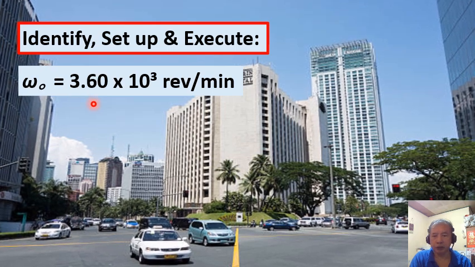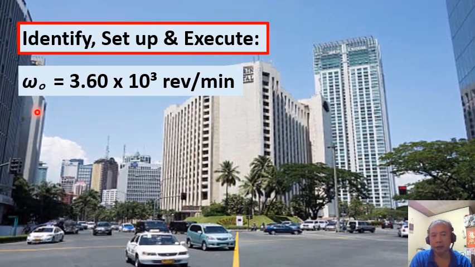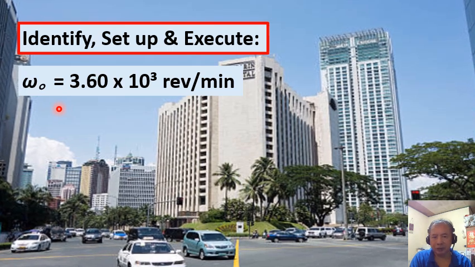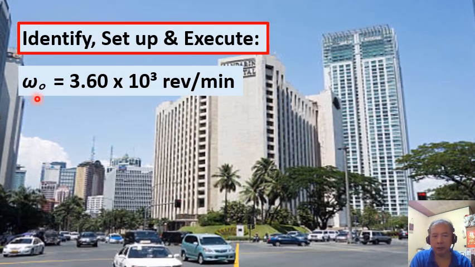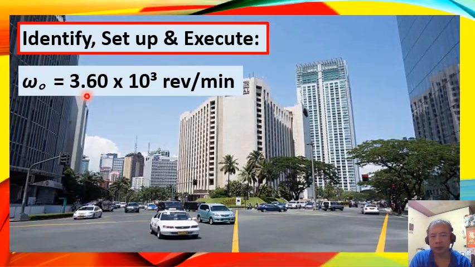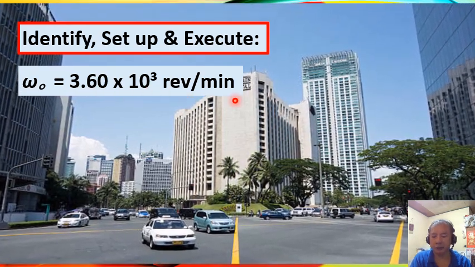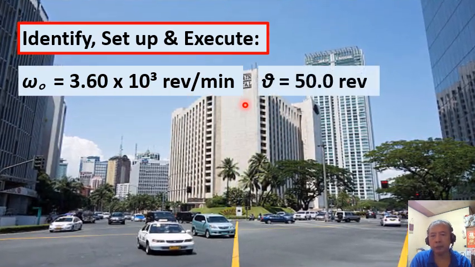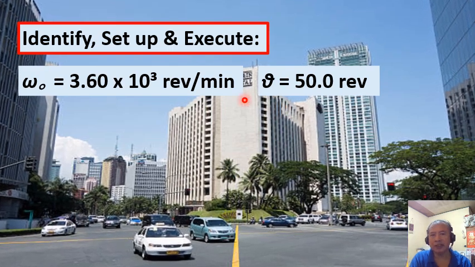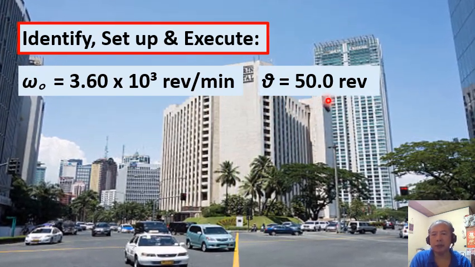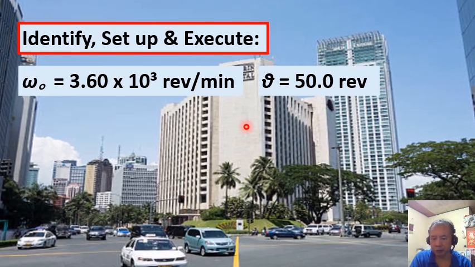Moving on to our computations, we are given the initial angular speed of the centrifuge, omega naught, equals 3.60 times 10 to the third power revolutions per minute. The angular displacement theta is also given, equal to 50 revolutions.